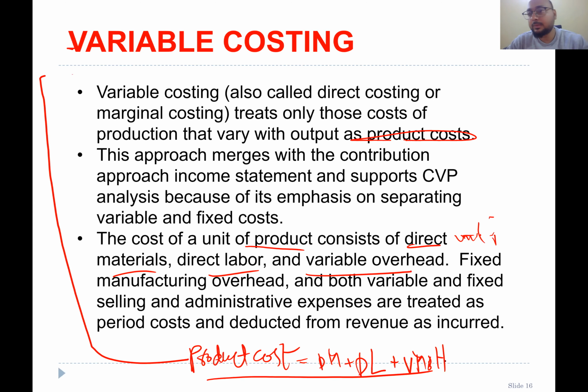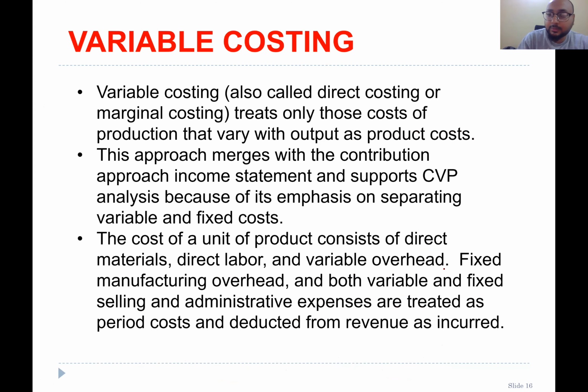That's it. And what about the period cost? Period costs include fixed manufacturing overhead and both variable and fixed selling and admin expenses. So if I just erase all the mess here, just read this line. Fixed manufacturing overhead and both variable and fixed selling and admin expenses are treated as period cost, right?